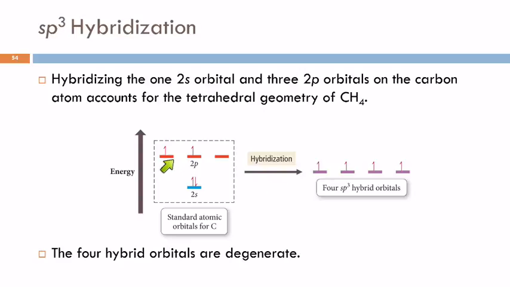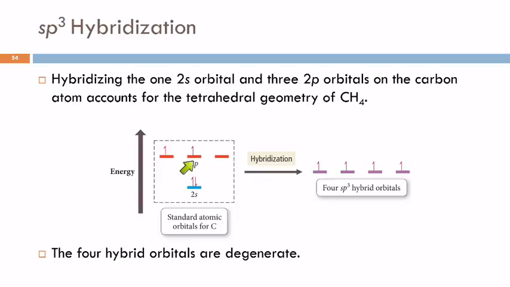Just like the 3 p orbitals are all the same energy and the same shape, what's different about them? Are they right on top of each other? No. They're different orientations in space: one on the x-axis, one on the y-axis, one on the z-axis, 3 things perpendicular to each other.